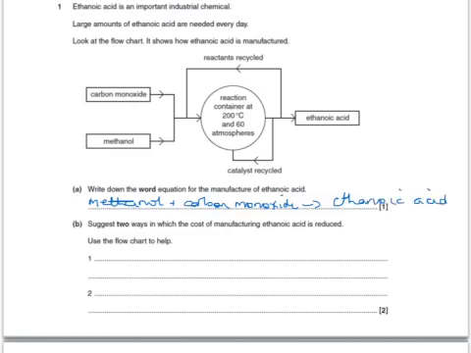The second part of the question says suggest 2 ways in which the cost of manufacturing ethanoic acid is reduced. Use the flow chart to help. Well, you can see that the reactants are recycled, which will save money. So we will say recycling the reactants.